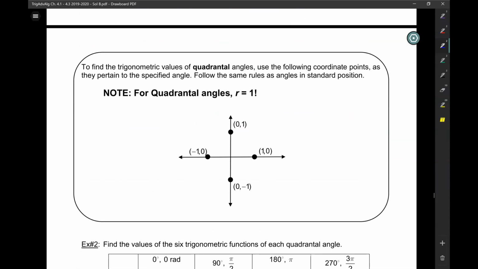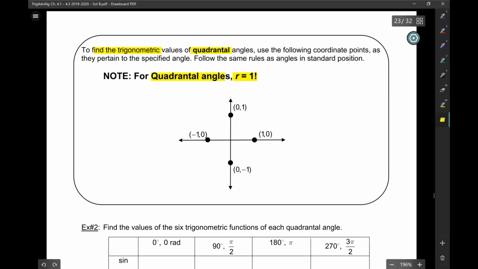So, to find the trig values of quadrantal angles, this is what we're going to use. We're going to use this setup. The one thing you have to remember is, for all quadrantal angles, you're always going to use r equals 1, okay? Always r equals 1.